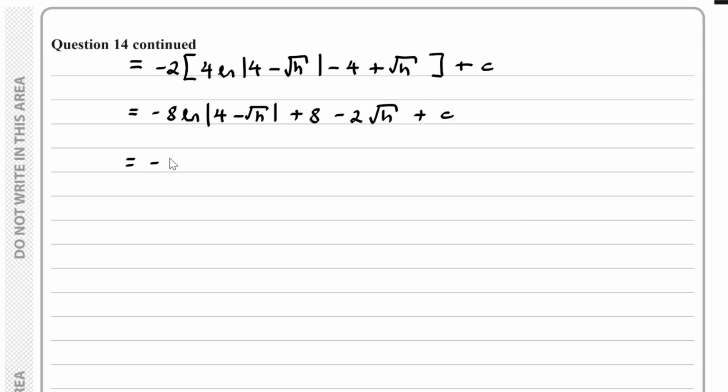And if we tidy all this up, we have minus 8 times the natural log of 4 minus square root h, minus 2 times the square root of h, and then 8 plus c, that's going to be a constant k. Okay, so the 8 plus the c gives the plus k. Okay, and that's what we wanted to show.